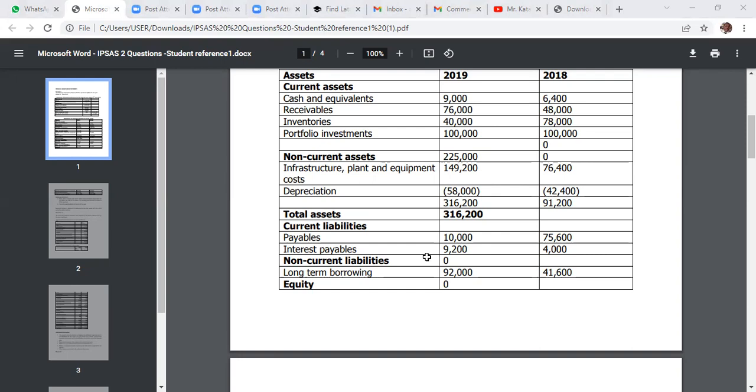It's an asset account, so the opening balance will be on the debit side, and the closing balance will be on the credit side. The opening balance is 76,400. The closing balance is 149,200.